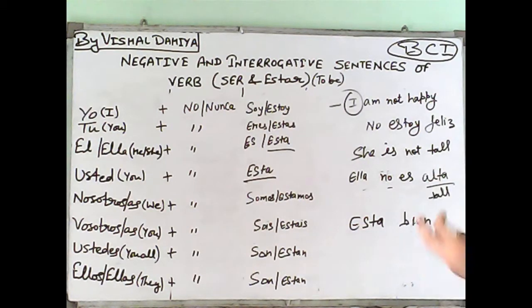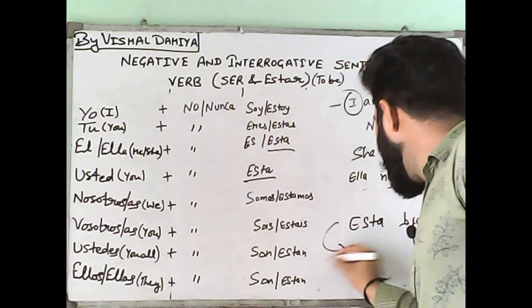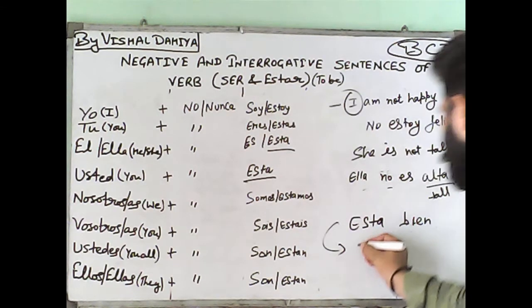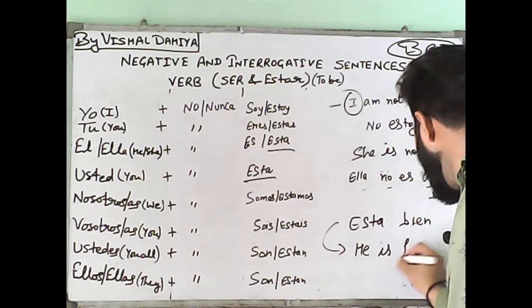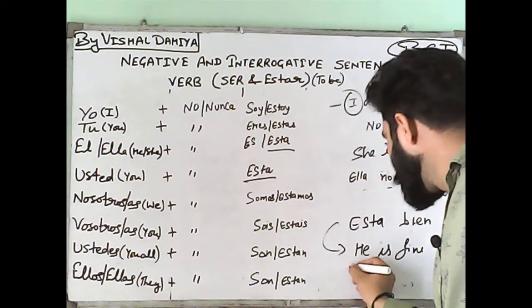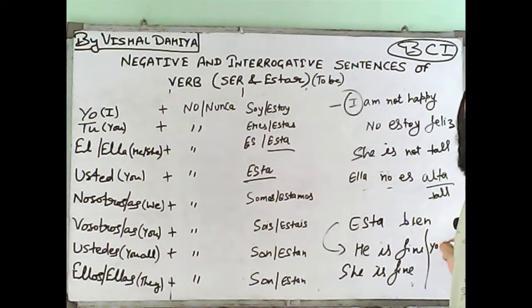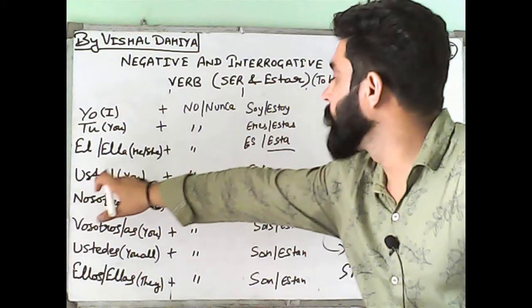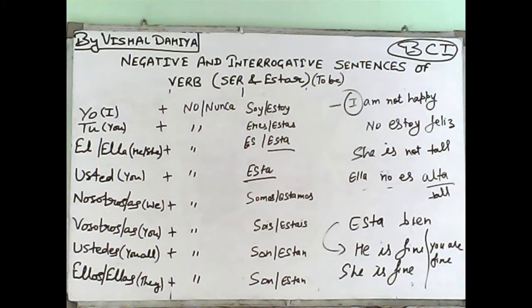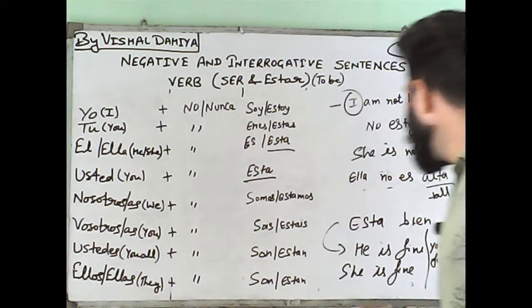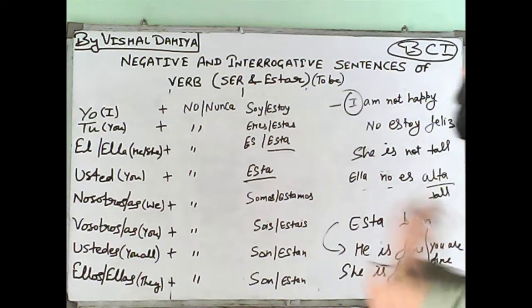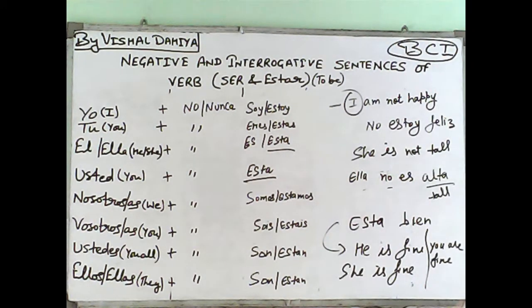Because we would get confused about who we are talking about, because it could be he is fine, or she is fine, or you are fine, right? Remember, usted is the singular formal you. So here you will get confused, and the only thing you have to do is use pronouns. We use pronouns to specify something, for a specific purpose, so you can use them.